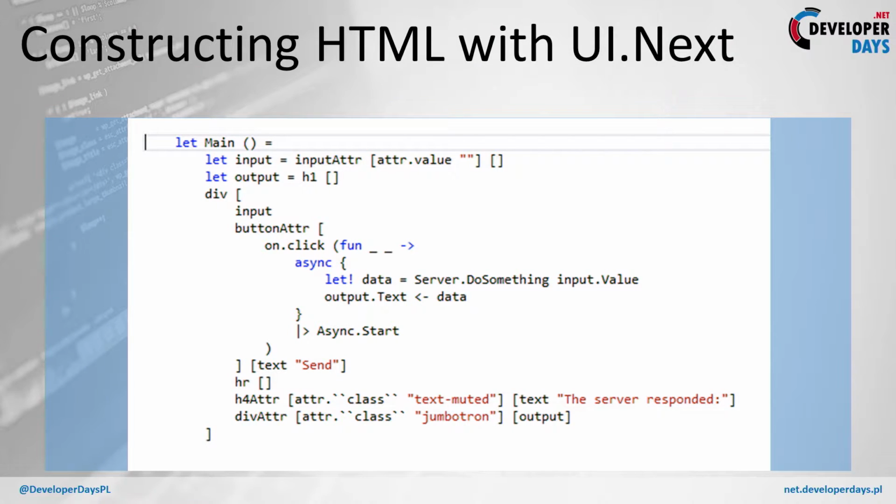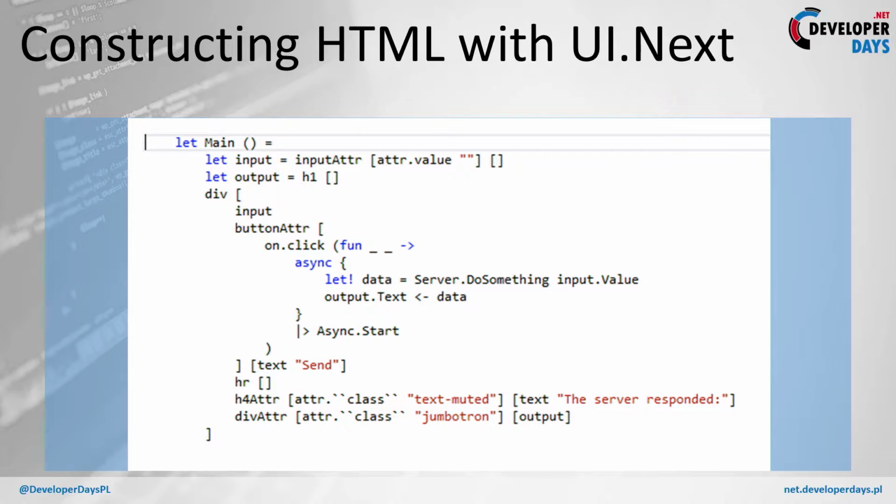But basically, the bottom line is that every time you see something like div, hr, or div attr, or h4 attr, these are HTML constructors. They construct HTML programmatically. In the middle, we have a div, and inside the div, we have an input text box.